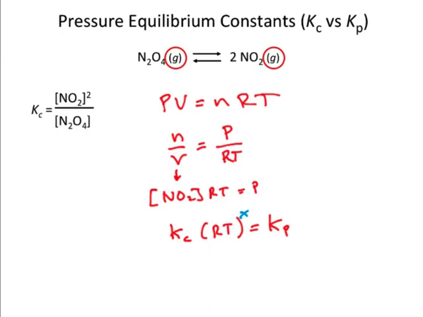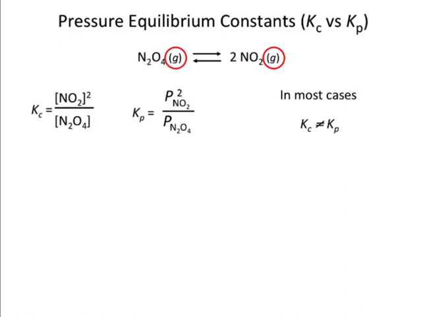And if those sentences didn't make any sense, that's okay. We rephrase this as delta n, where delta n is final minus initial. So it's moles of product gas minus moles of reactant gas. Okay? So now we can write this more officially, if you will, and define the pressure equilibrium constant to be just the same as the concentration equilibrium constant, except you use pressures now.